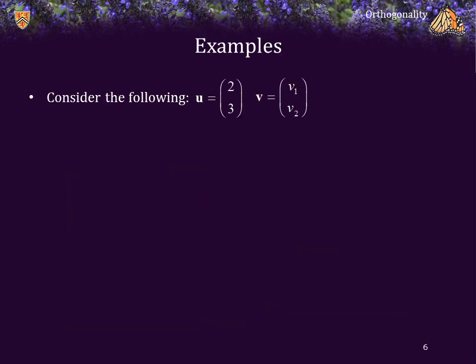Now, consider the two following vectors. u is the vector 2, 3 in R2, and v is the vector v1, v2. If we wanted to find out for what values of v1 and v2 are these two vectors orthogonal, we'd have to calculate the inner product, which is 2 times v1 plus 3 times v2, and equate that to 0.